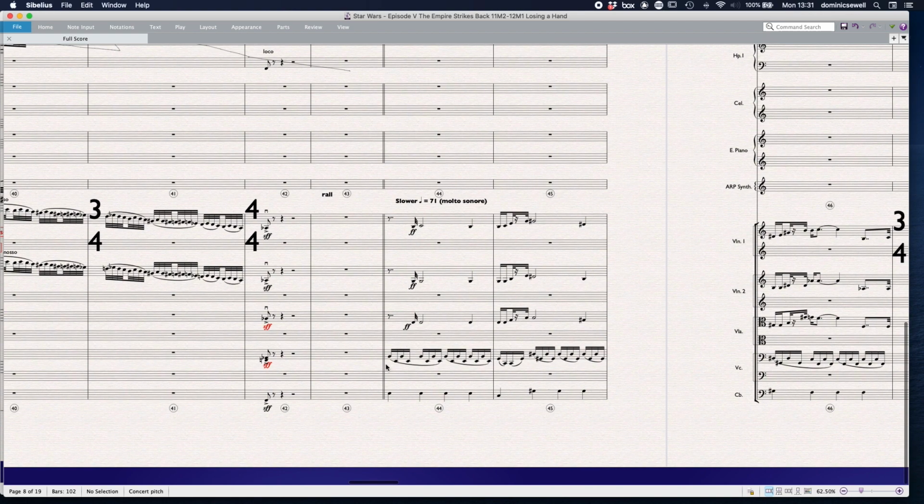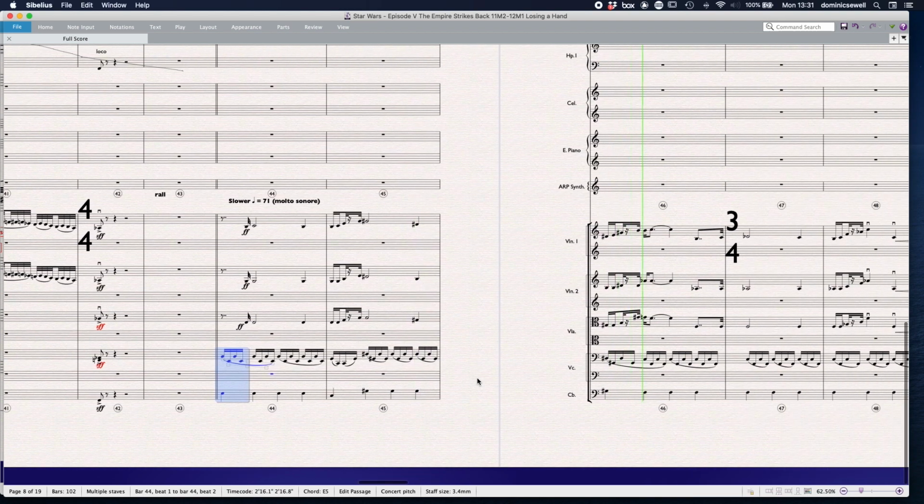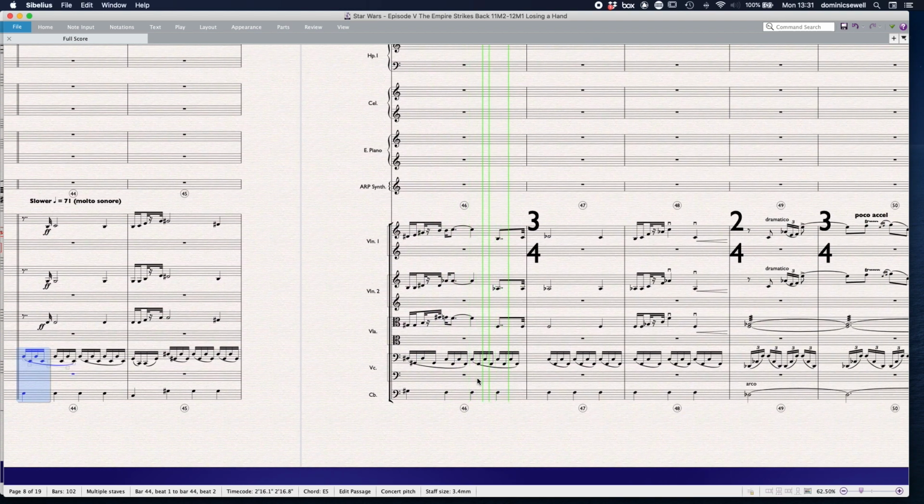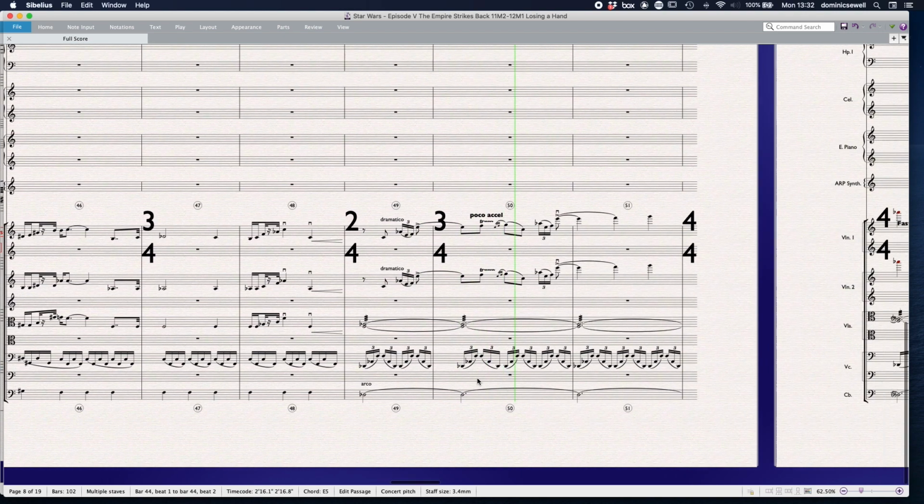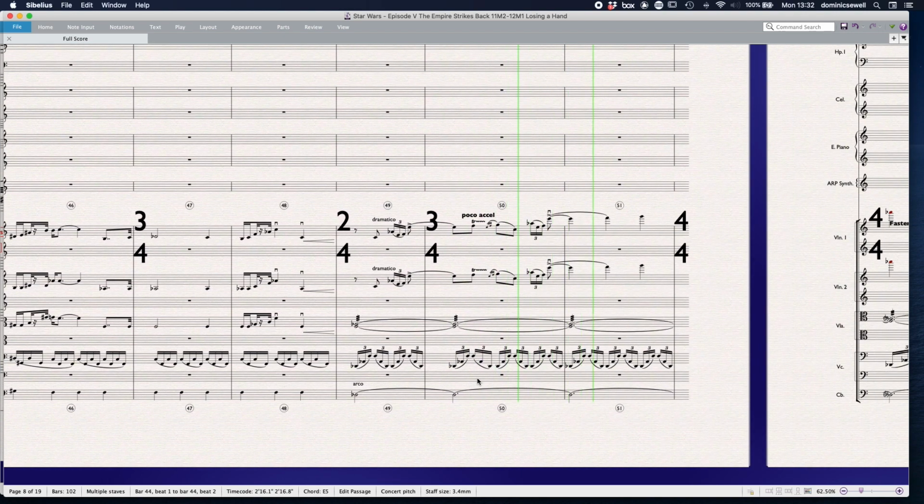Really strange oscillating moments. This is with the bass. Quite awkward to do, actually. Just first finger. That's easy. But it's interesting.